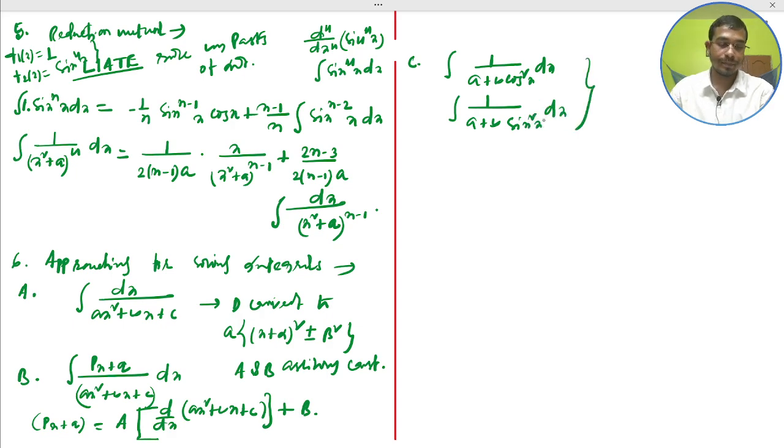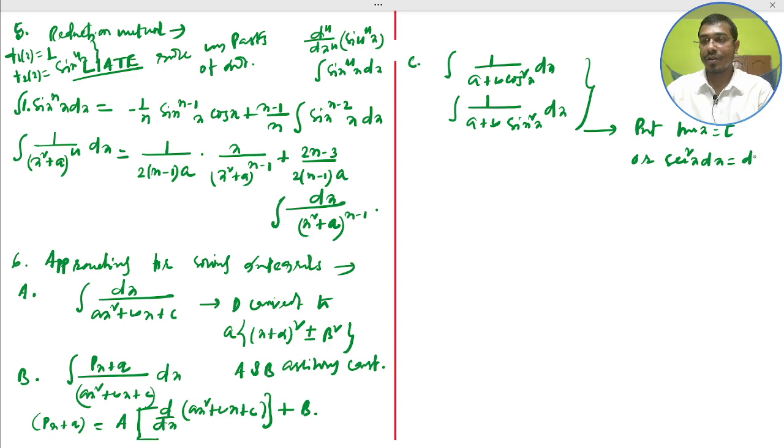For these two forms, we put tan x equal to t, or tan x equal to t, differentiating both sides, sec square x dx equal to dt.